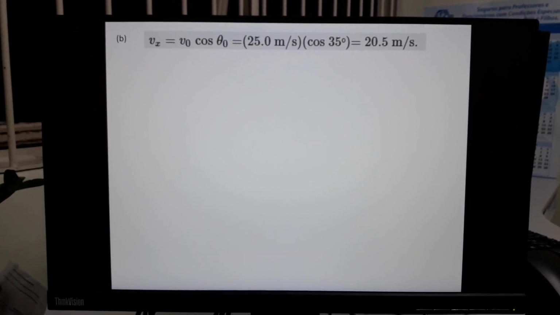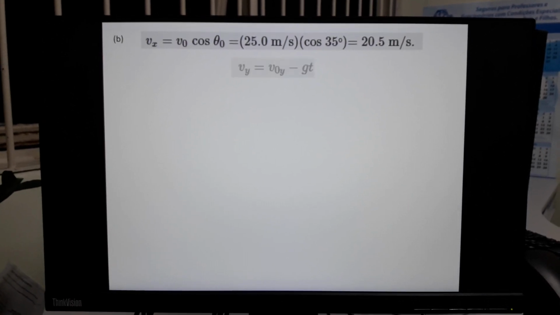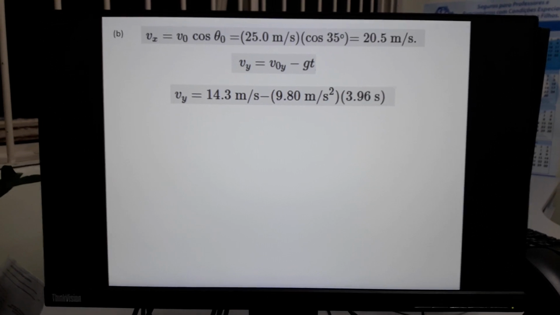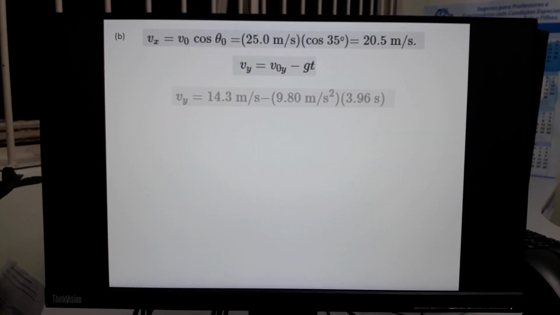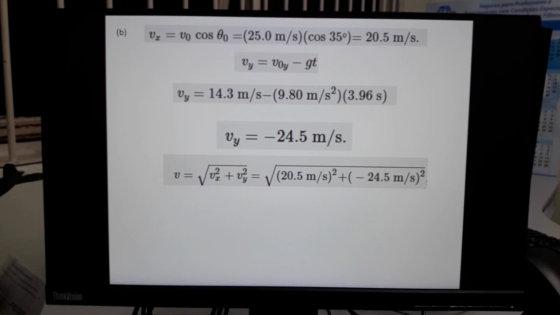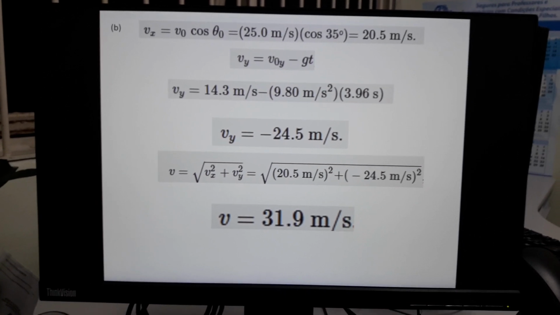So we have here Vx using V0 cosine, and we will find Vy using this second time, which is the time it takes to reach this position. So we will use the two velocities to answer this.